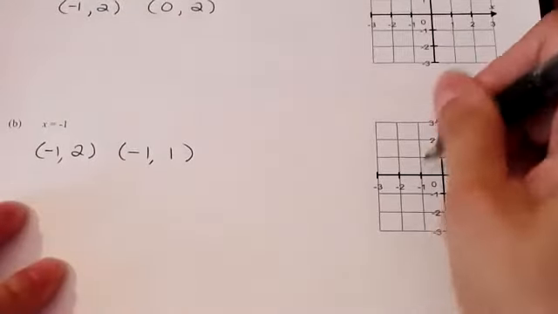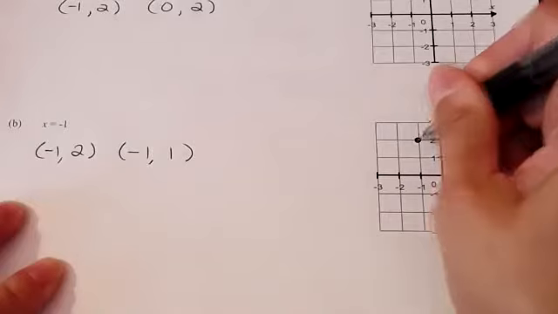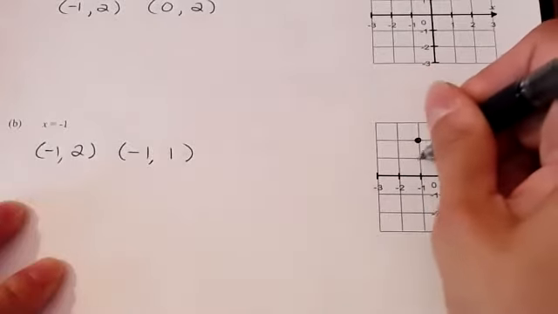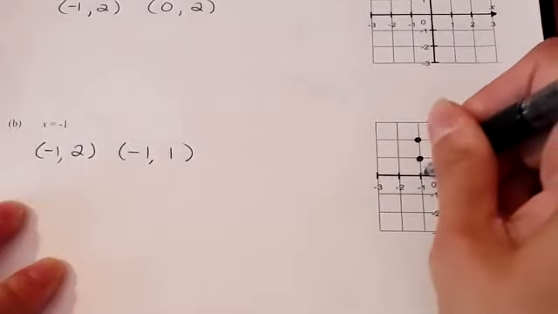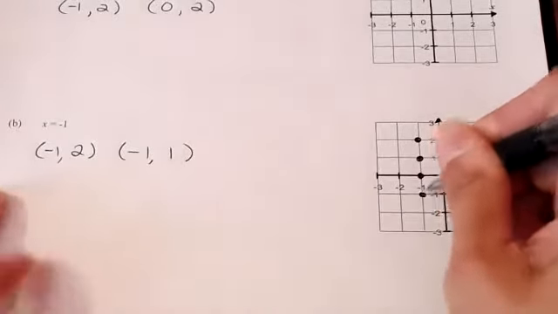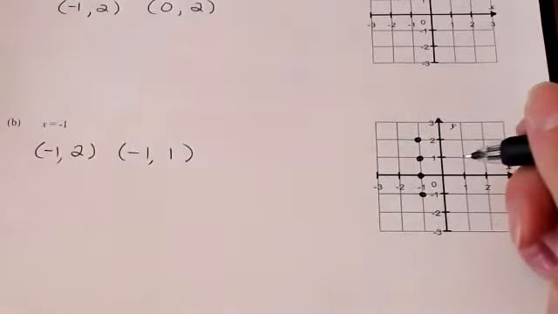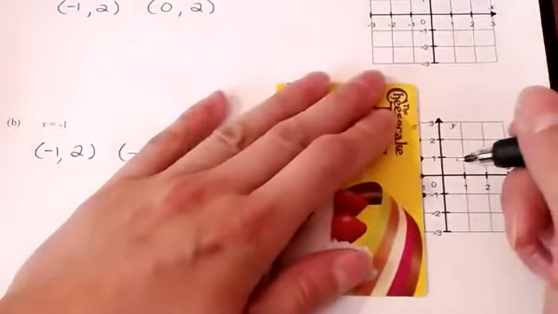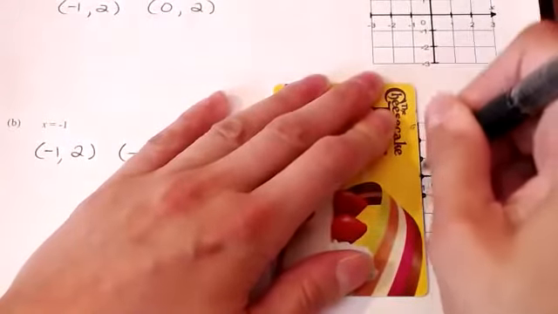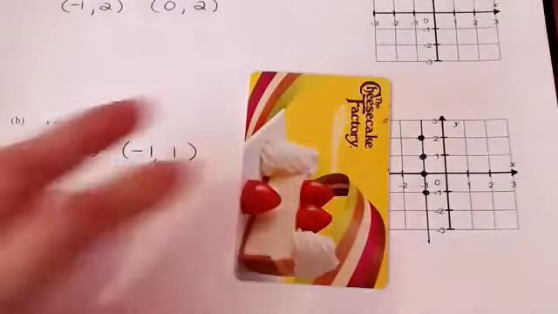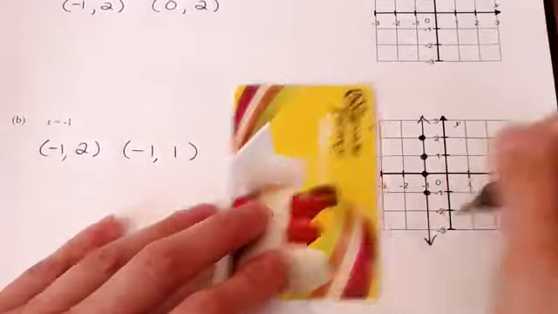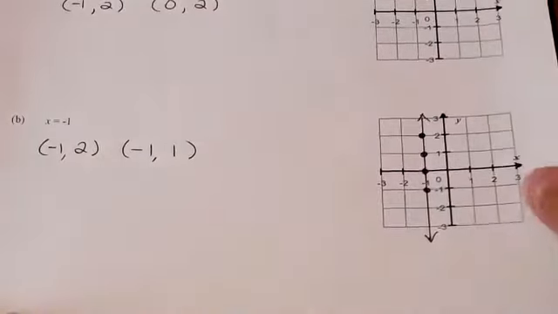So (-1, 2) is approximately here, and then (-1, 1) is here, and we could do (-1, 0), (-1, -1). It doesn't matter as long as your x coordinate remains -1. So we'll connect these with a straight edge, and then draw arrows. And there you have x is equal to -1. Easy, right? This is a recap. We've seen this in 098 plenty of times. Let's turn the page.